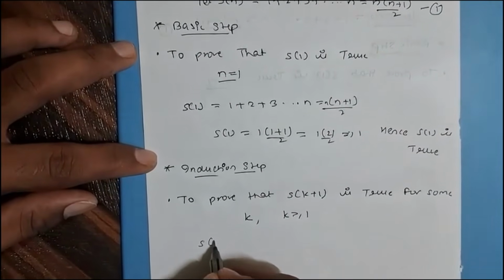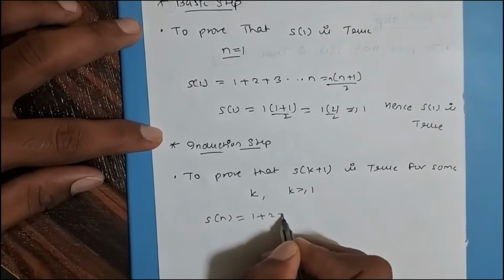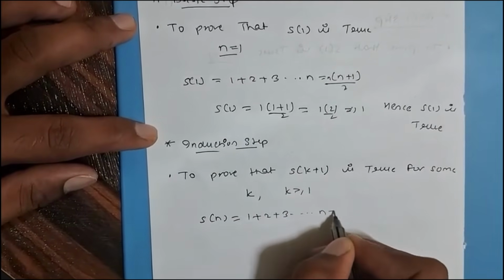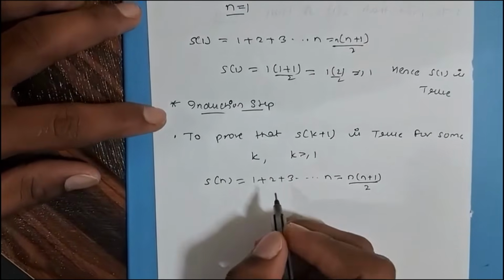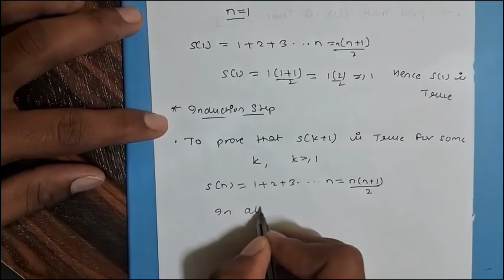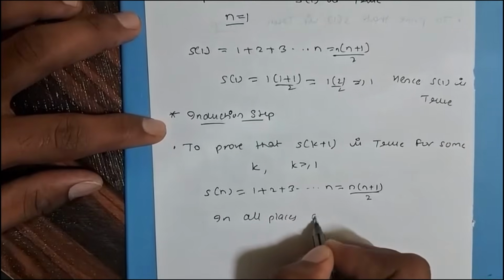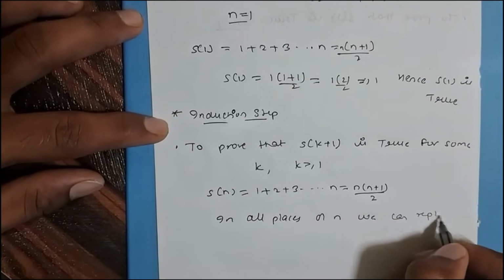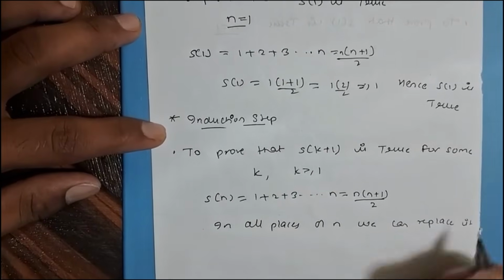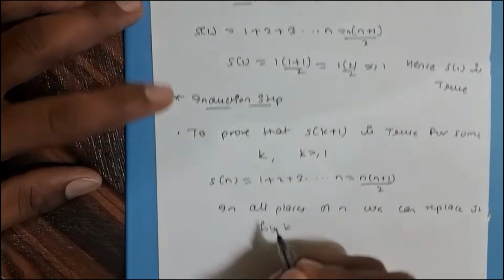So the equation is S(n) = 1 + 2 + 3 up to n = n(n+1)/2. In all places of n, we can replace it by k.